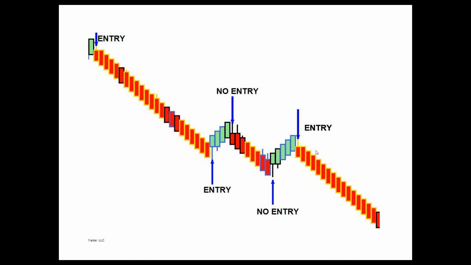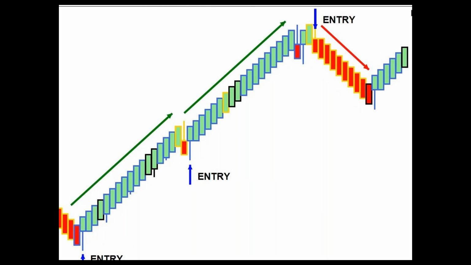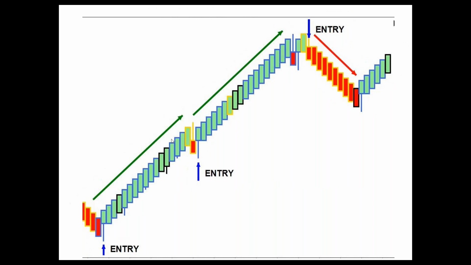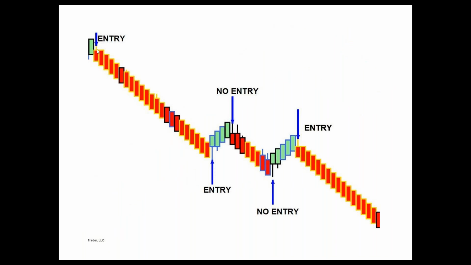Now here's something that I don't think hits people in the head with a hammer like it should. When you take a trade, you should only take a trade that you believe has the capability. Now I recommend to scale out of a trade.